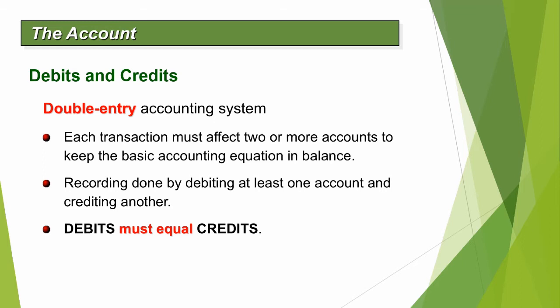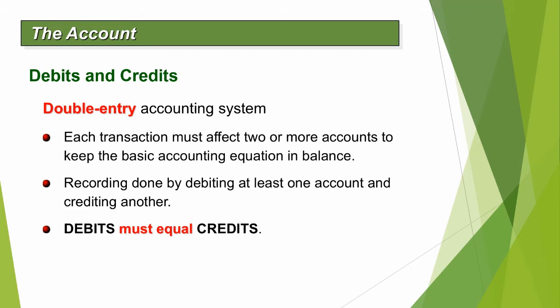In other words, for each transaction, debits must equal credits. The equality of debits and credits provides the basis for the double entry system of recording transactions.